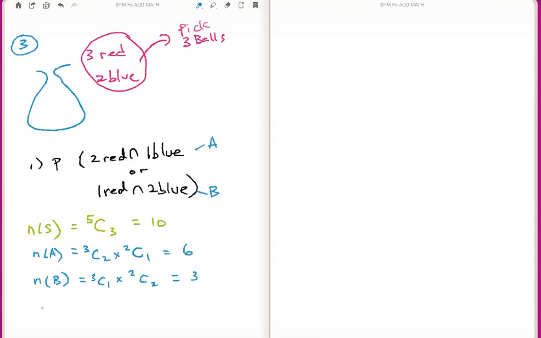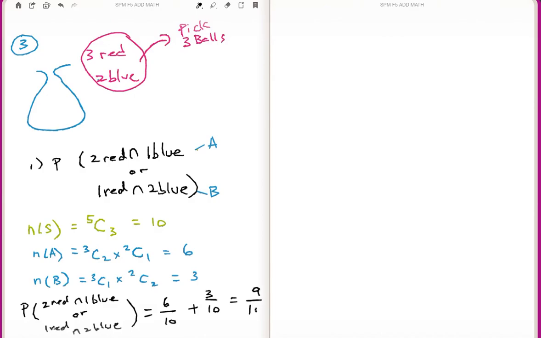So therefore, my answer for the possibility for this event, 2 red and 1 blue, or 1 red and 2 blue, would be 6 over 10 for the first one, plus 3 over 10. That would contribute to 9 over 10.